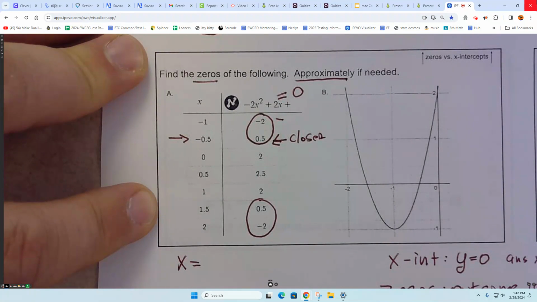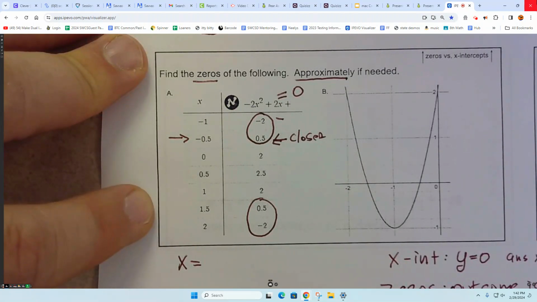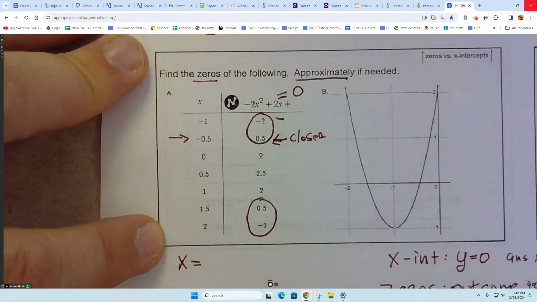I would accept a lot of answers. 0.1 I would not accept. 0.2, I would not accept that. Negative 0.2, no. Negative 0.7, I would accept.